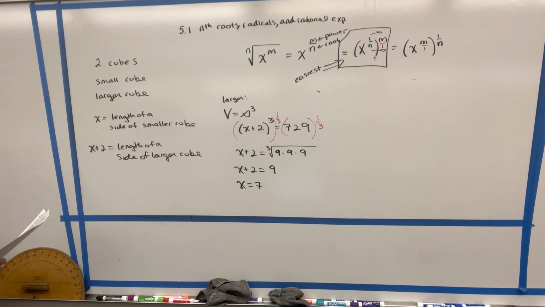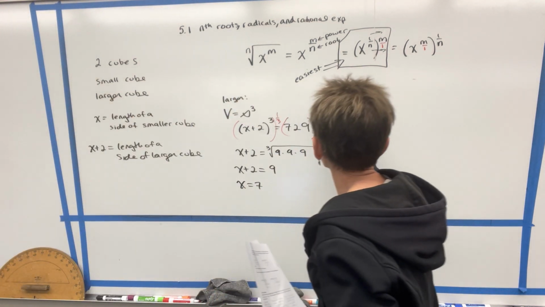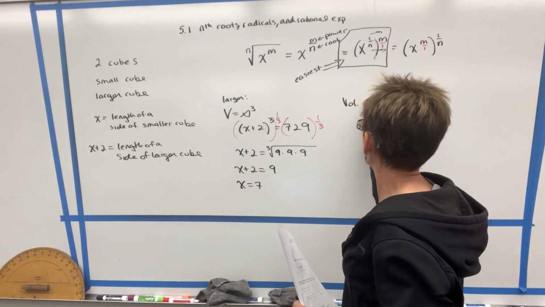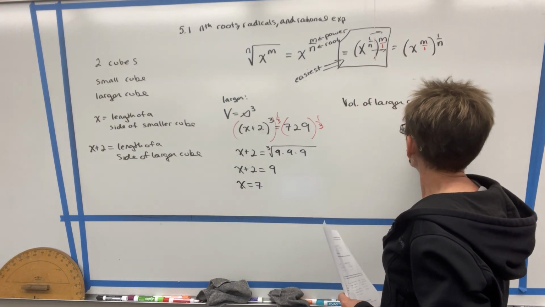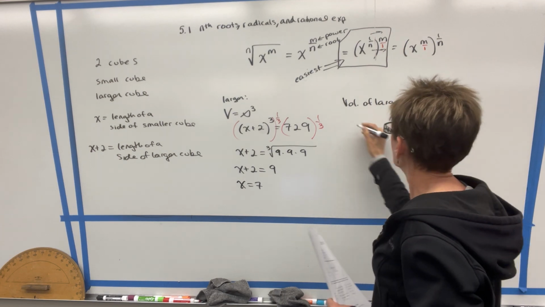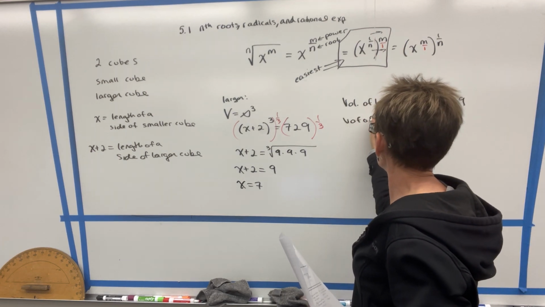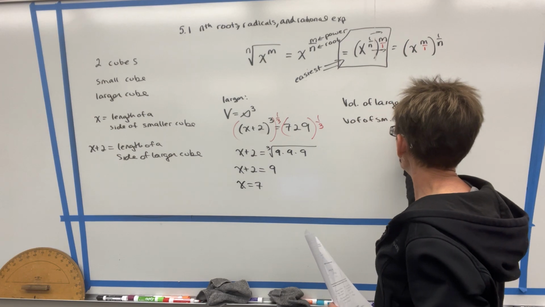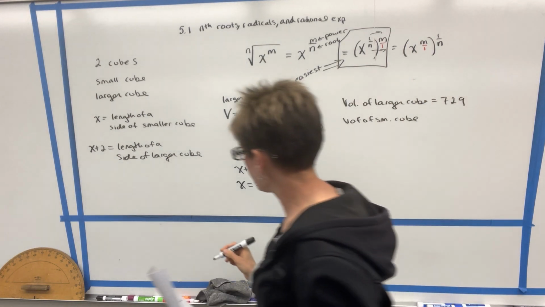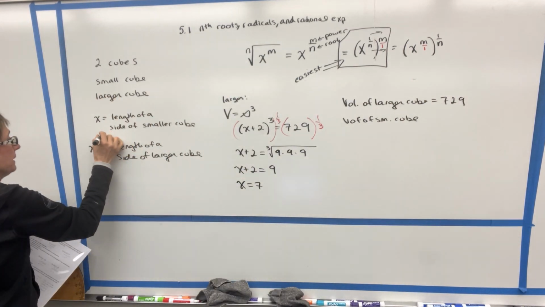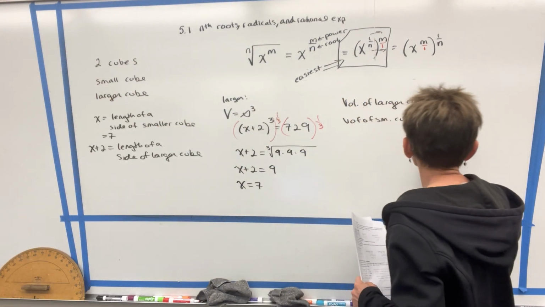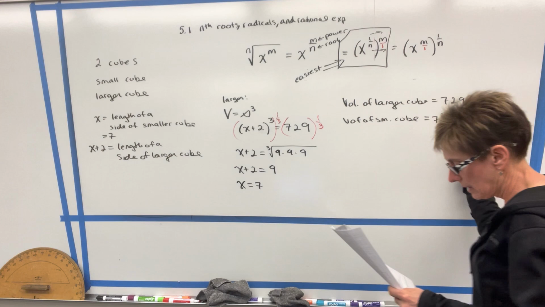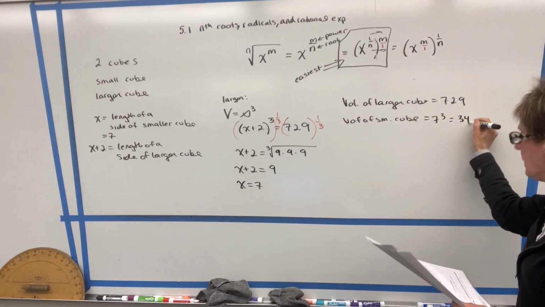So we already know that the volume of the larger cube is 729. Let's write that down. Volume of larger cube is 729. Let's figure out what the volume of the smaller cube would be. If the length of the side is 7, it would be 7 to the power of 3, which is 343.